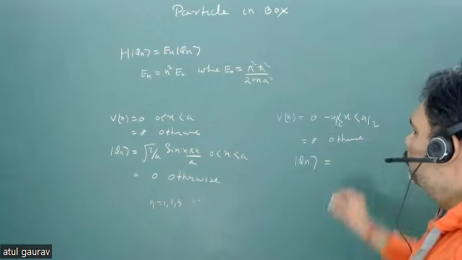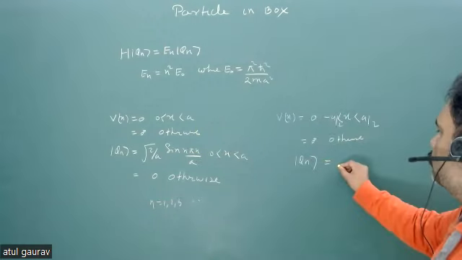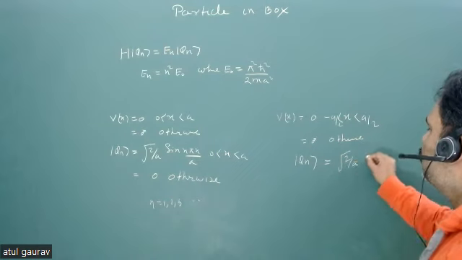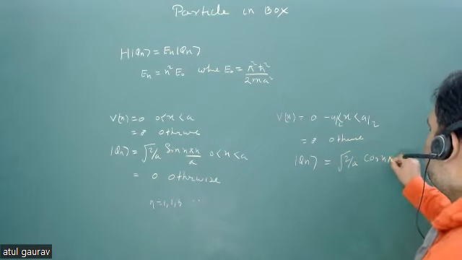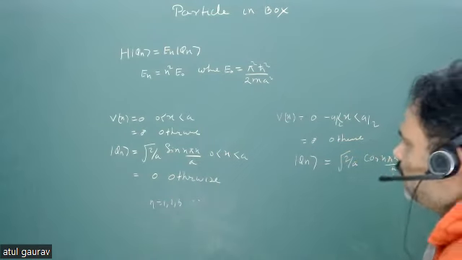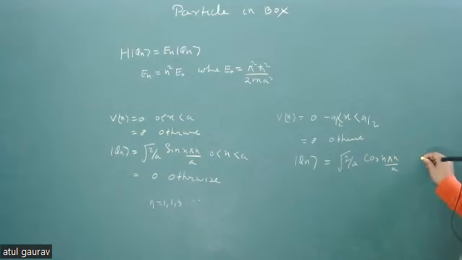Phi n is root 2 by a cos n pi x by a for n equal to 1, 3, 5 and so on.